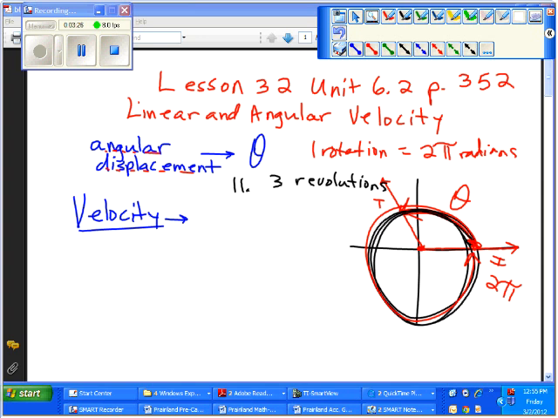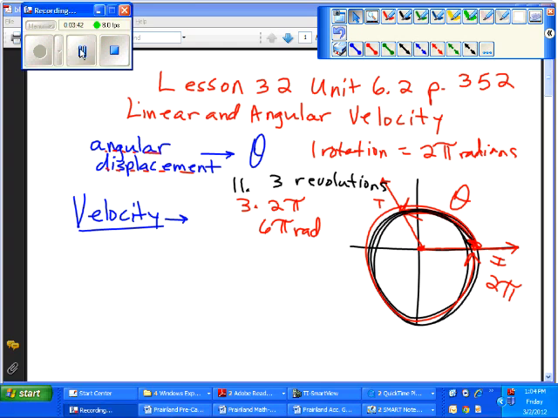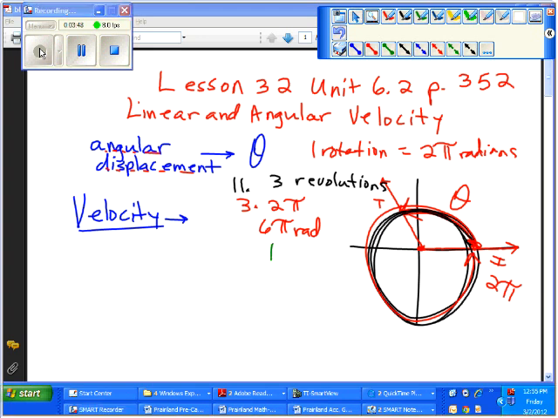So if we go 3 revolutions, then we would multiply 3 times 2 pi, and we would get 6 pi radians. Any questions on that? If you wanted a decimal, then you would multiply 6 times pi, and you would get approximately 18.8 radians. 6 pi is the exact answer. 18.8 is a rounded answer.